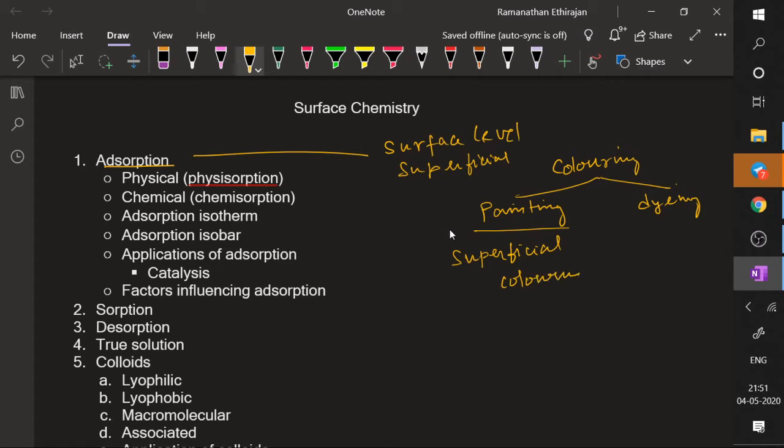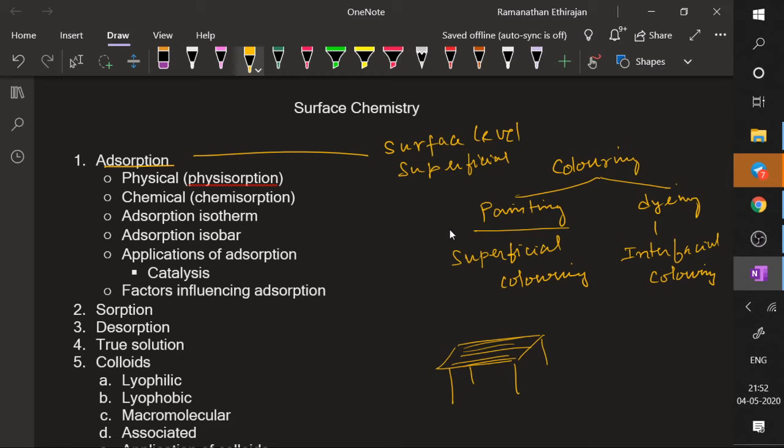Whereas dyeing is an interfacial covering. If you have some table or chair or anything, you will apply paint on the surface only, and the painted material is adsorbed.